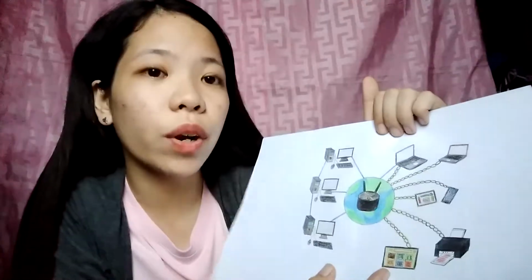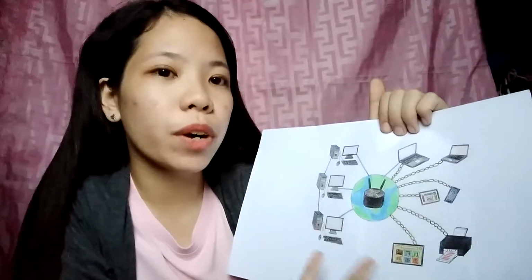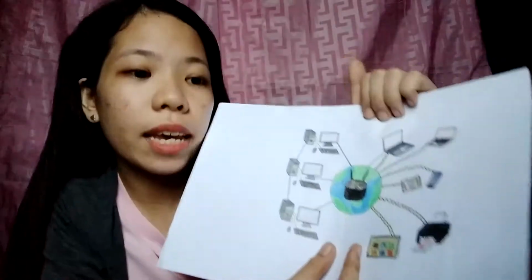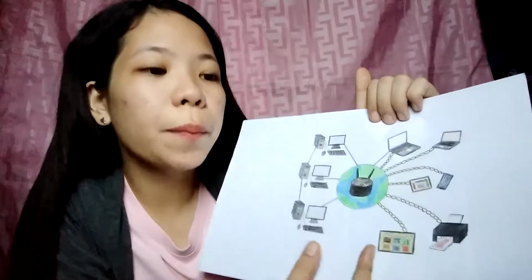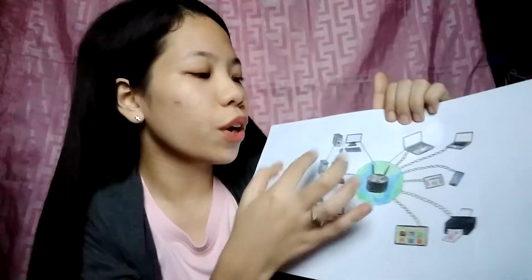So a wireless LAN or wireless local area network can be used at home, school, computer laboratory, campus, office building, or more. This gives users the ability to move around within the area and yet still be connected to the network.